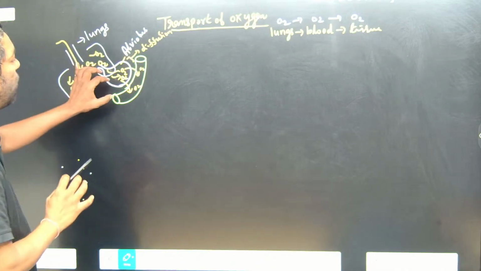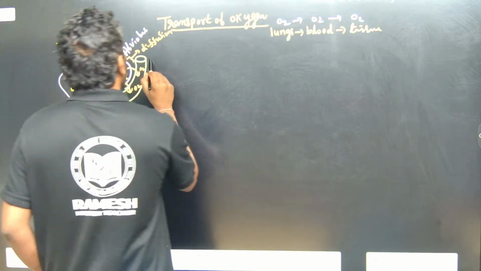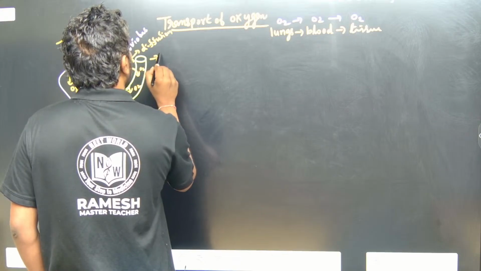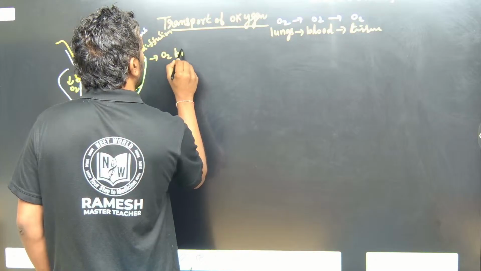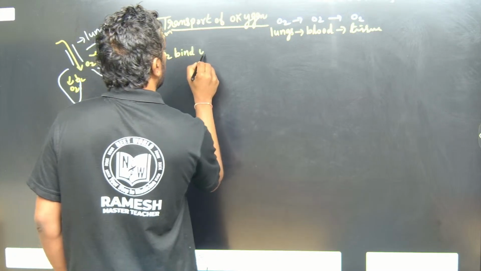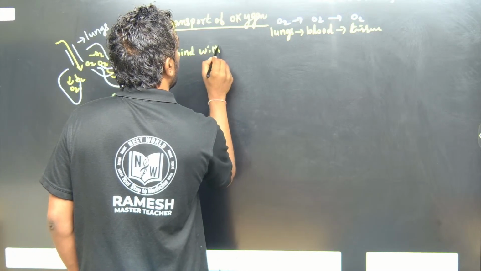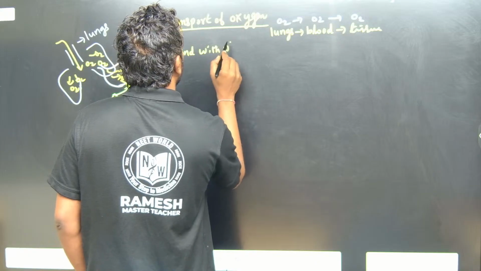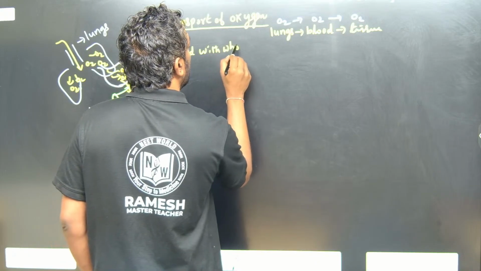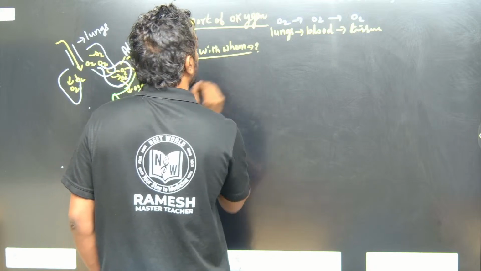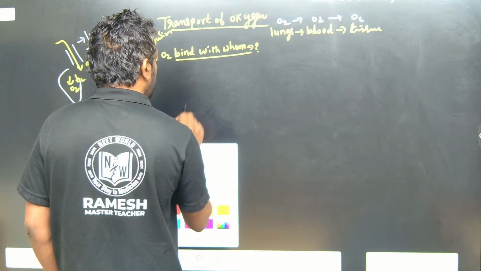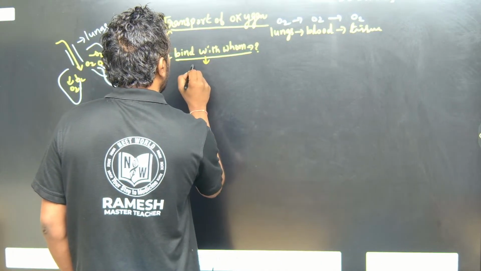So, who can bind the oxygen? Bind with whom? In the blood vessel, there is a pigment called hemoglobin.